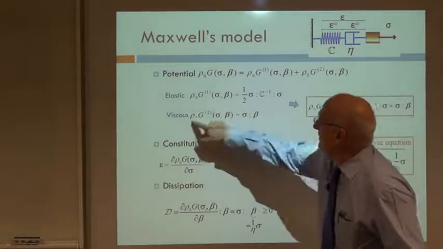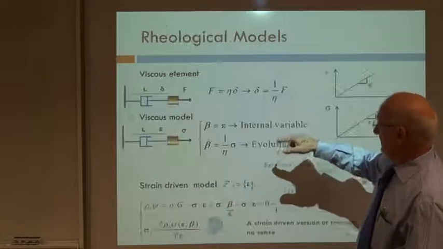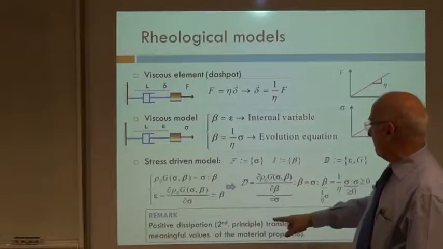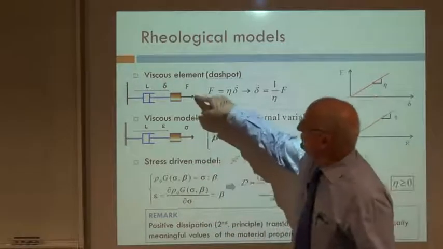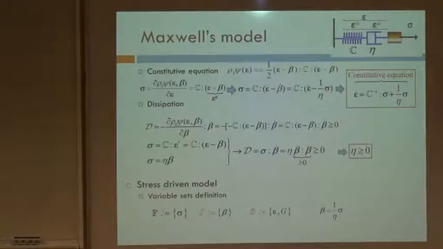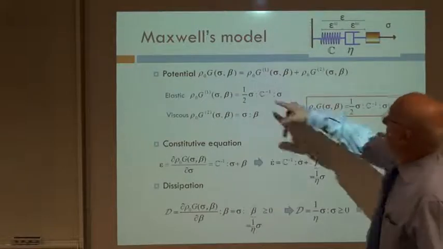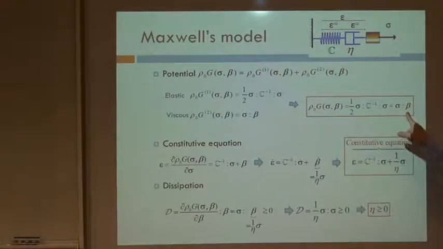And the Gibbs potential of a dashpot, we saw in the previous model, is sigma times beta, sigma being the stress, beta being the strain of the dashpot. So I consider that, and the total Gibbs potential will be the sum. So this plus this. That's it. I'm done. So now everything comes out automatically.